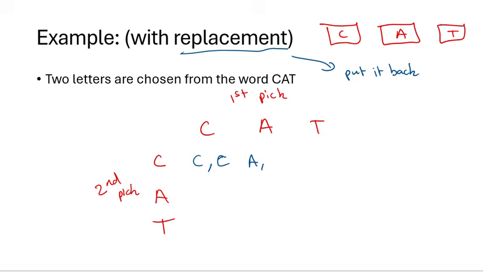Put it back, shuffle it again, and when I pick up my second card, it ends up being the letter C. So I'm going to record the letter C just like that. Now, what you need to imagine is that you're going down or across, and then going horizontally like that. What you're looking for is the intersection.